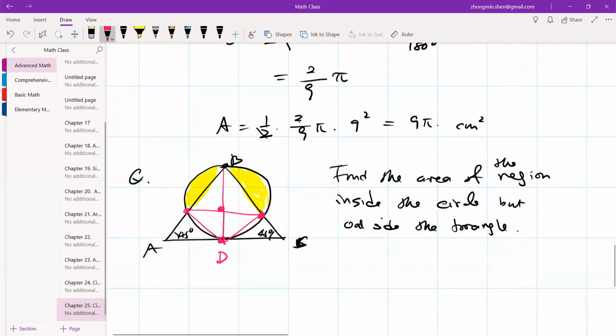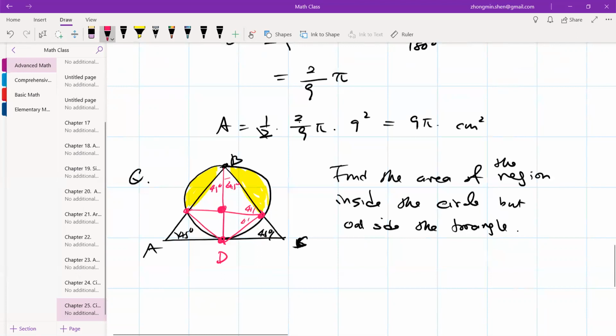So you will see lots of special angles. This is the center, and this must be 45 degrees, right? 45 degrees, and this must be 45 degrees, 45 degrees. So what you get is a square.